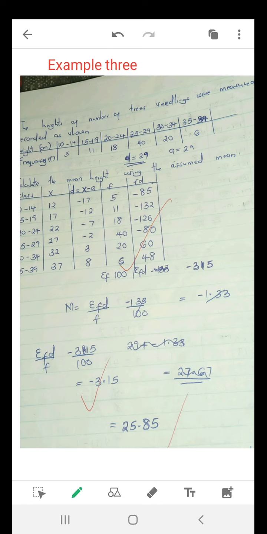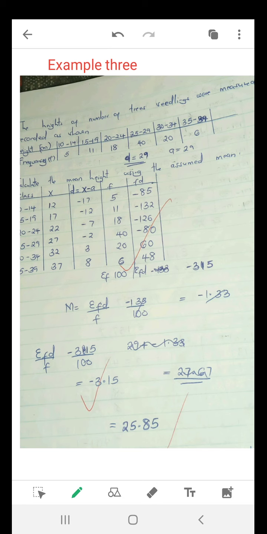Try to use some reasonable mean, so that you don't work with large values. Like here, the centimeters, we know the smallest seedling has a height of 10 centimeters and the highest is 39 centimeters.